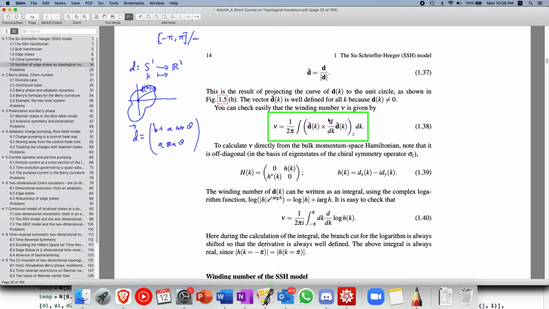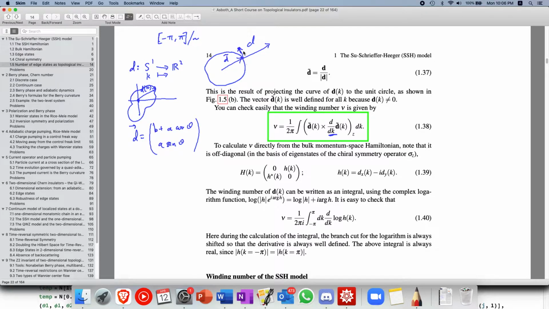So then if you compute this cross product over here, what does this cross product do? You have the normalized vector d tilde, which takes the d vector and normalizes it onto the unit sphere. This is d tilde, and then you take the derivative with respect to k, so that tells you how this d vector changes.